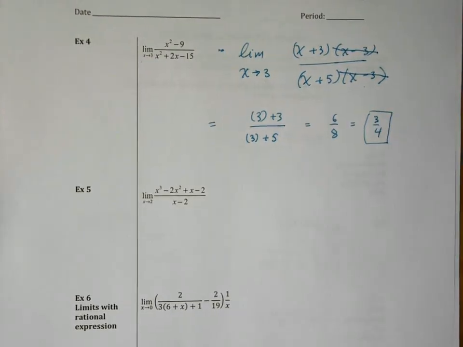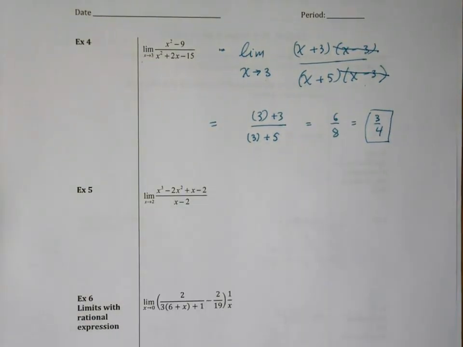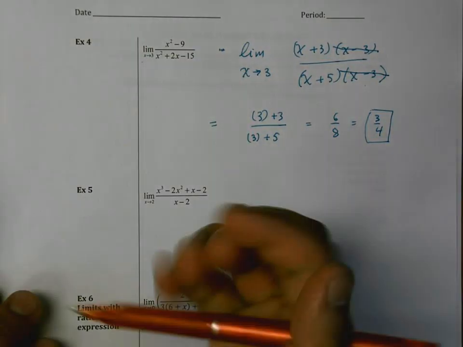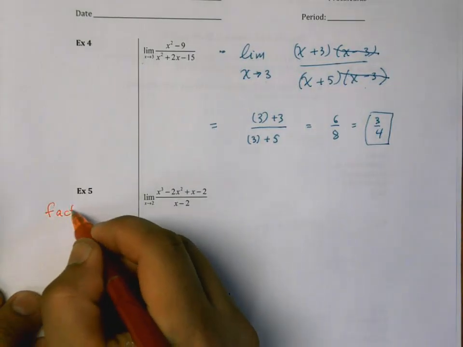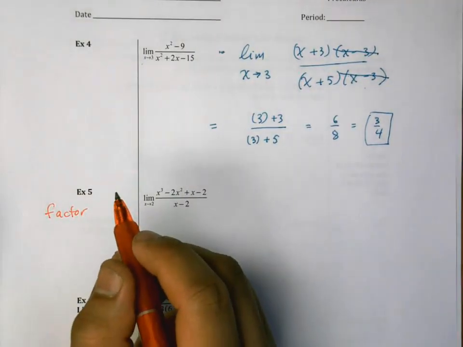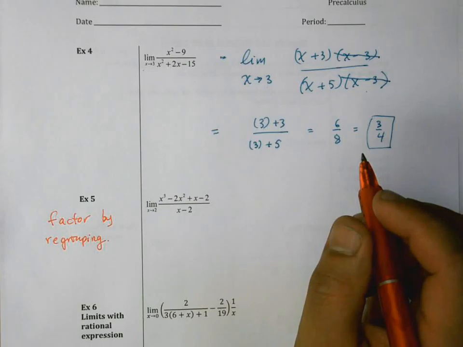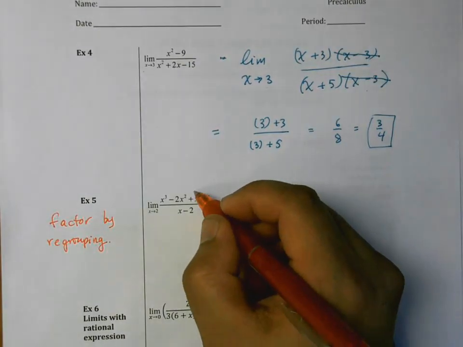And there's a couple ways to do this. So in this case, we can factor by regrouping. So I'm going to group these two terms, and group these two terms.